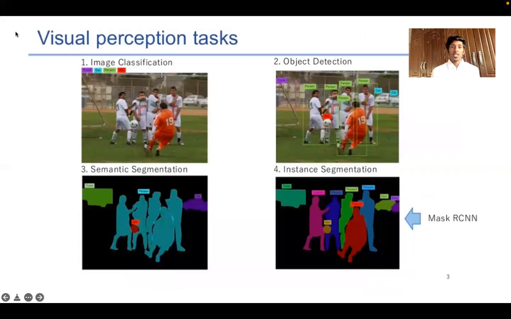You can see the visual perception tasks. The first is image classification, and the second is object detection. You can clearly see the second picture, it represents each person and marks them with a rectangle. The third one is semantic segmentation, and the fourth one is instance segmentation, like using Mask RCNN.